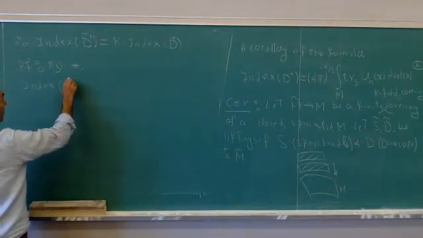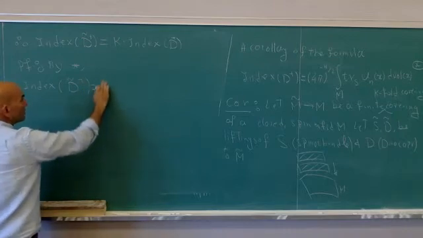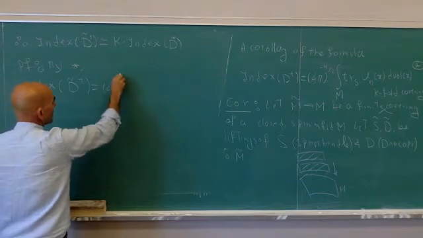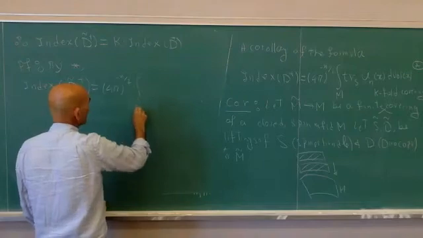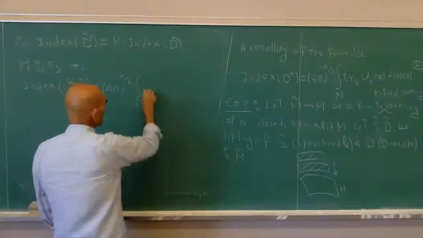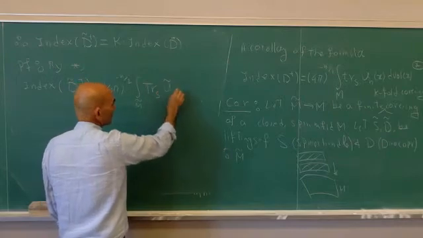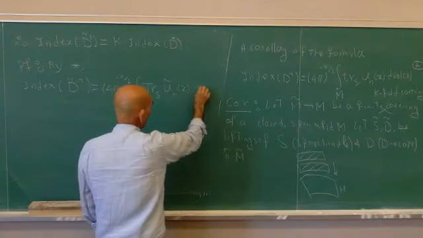equal to (4 pi) to the power minus n over 2 times the integral over M tilde of the supertrace of mu n over 2 tilde of x, the volume of x.